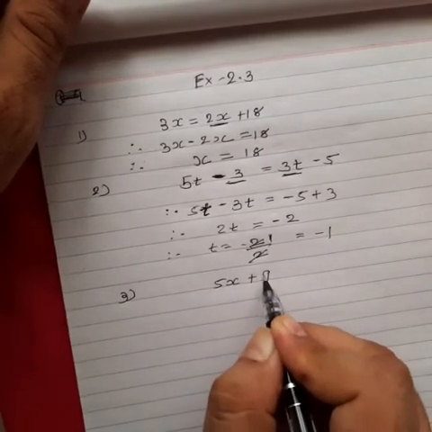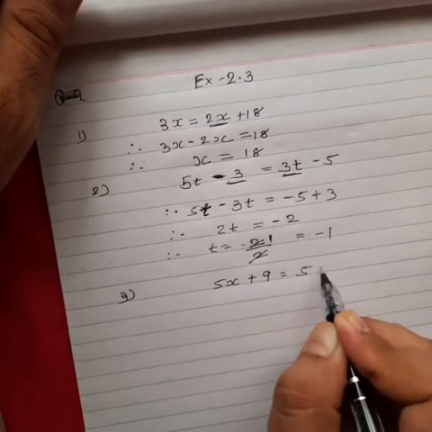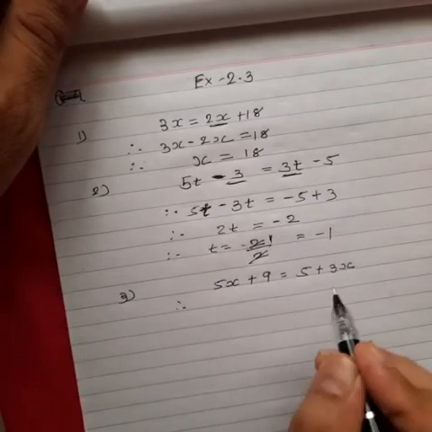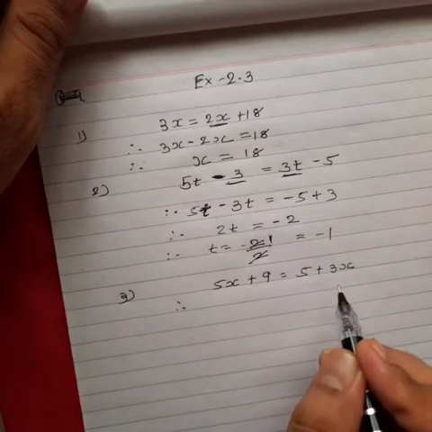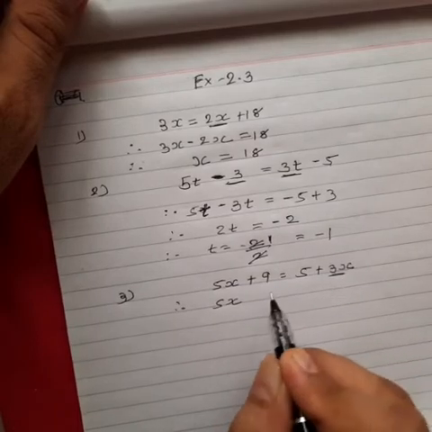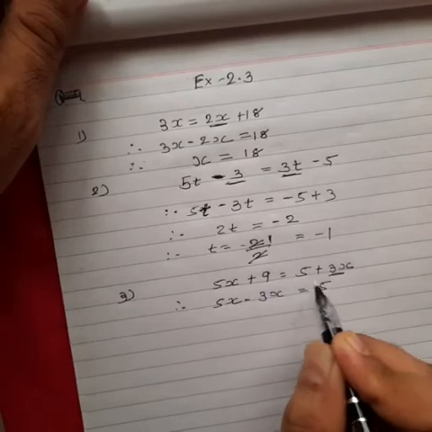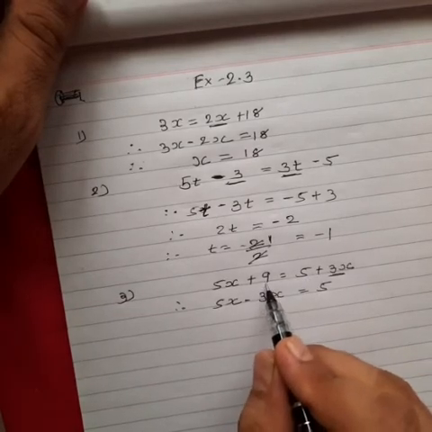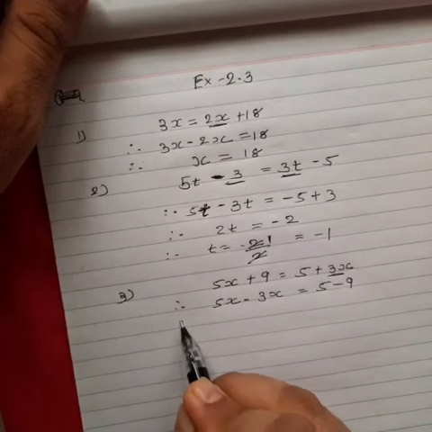5x plus 9 equal to 5 plus 3x. Again we shift x to one side and all the constants to the other side. So 3x shifted to the other side will be minus 3x. 5 as it is at the right hand side, and now you shift plus 9 to the other side, it will be minus 9.